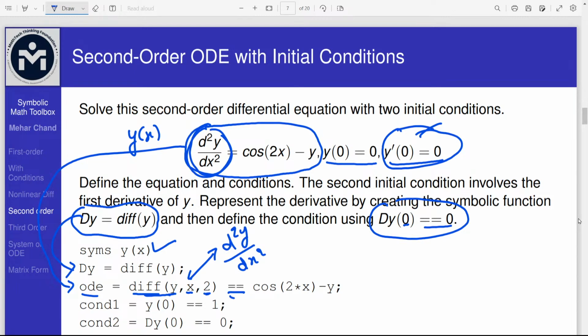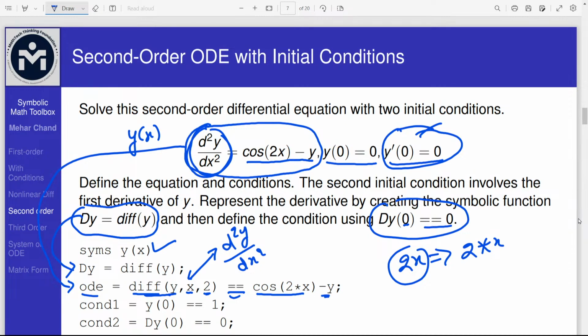Then we have a double equal, which is used for equality, and on the right hand side you can see we have cosine 2x. If we have 2x, then in the MATLAB syntax this will be 2 times x. If you write it without the product, there is no sense. This will create a new assignment or variable which does not exist in our program. Then we have minus y.